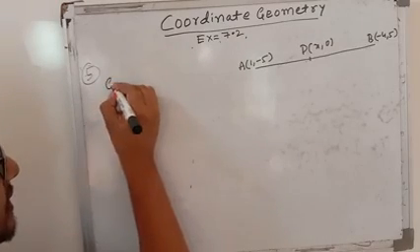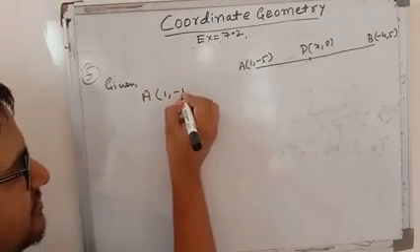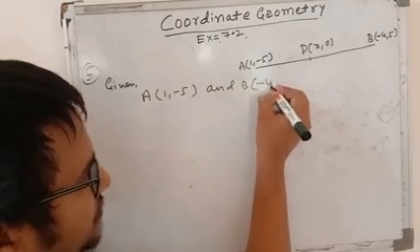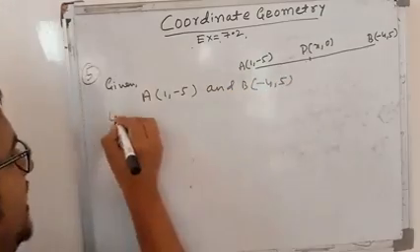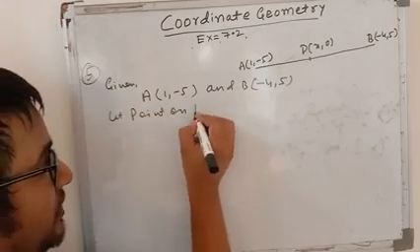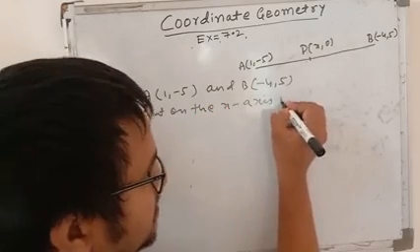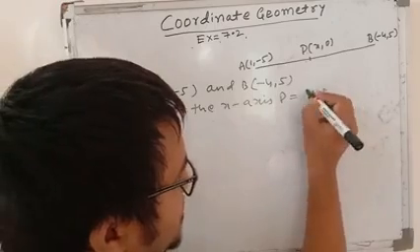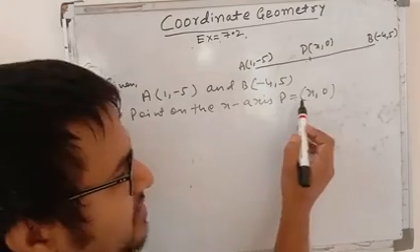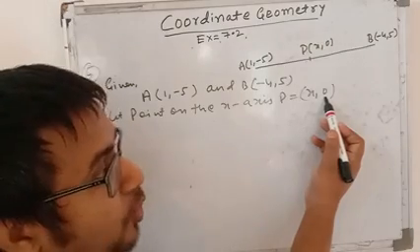First you write the given: A (1, -5) and B (-4, 5), and let the point on the x-axis P be (x, 0). A point on the x-axis is always (x, 0). Here the value of y, the ordinate, is given.